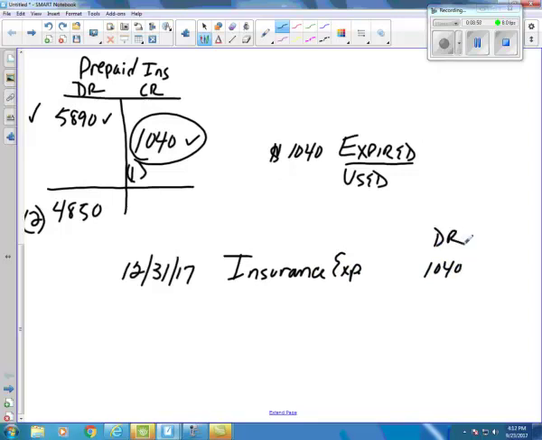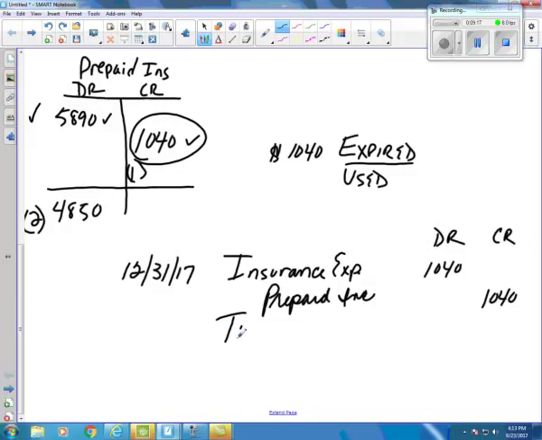And let's credit our prepaid insurance account, which is our asset account, and show that we no longer have that amount prepaid. A credit to an asset account reduces the asset. That's what we did. We reduced the asset.